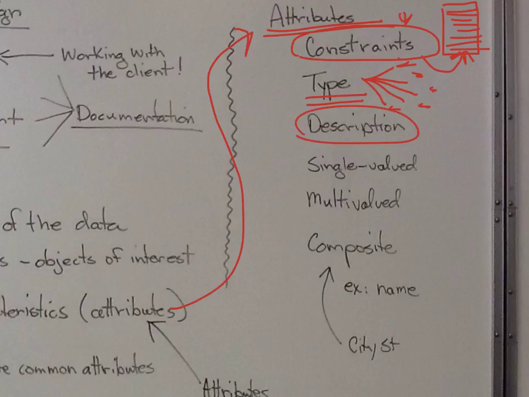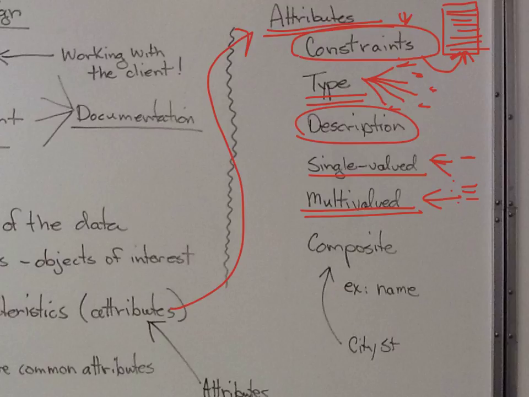We describe it, give a description. It can hold a single value, or it might hold multi-value. More or less, there could be 2 or 3 values for that one attribute. It could be either this one, or this one.